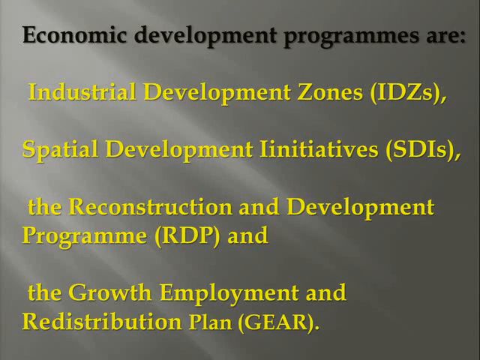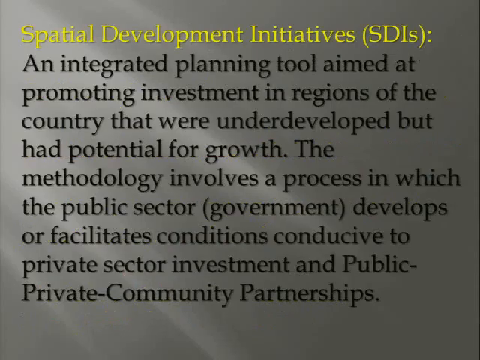The first 2 strategies are aimed at decentralizing economic activities, so that the whole of the country has to be developed, not only the 4 core industrial areas. So what happens? You have these industrial development zones. Let us see what they are.